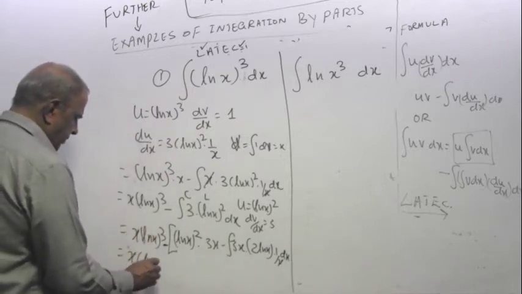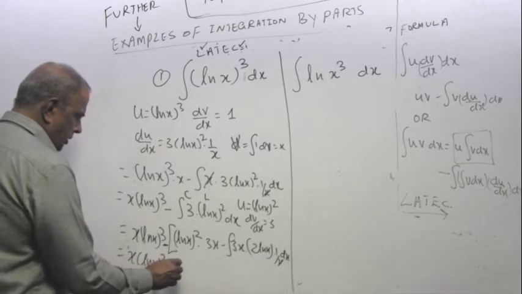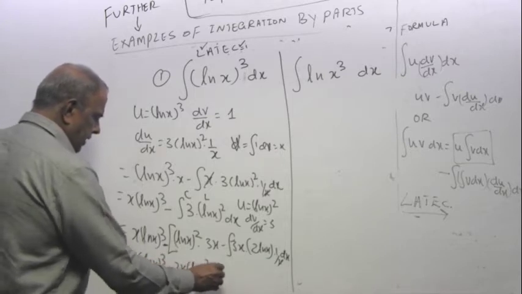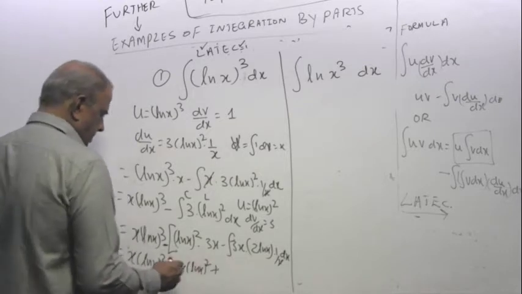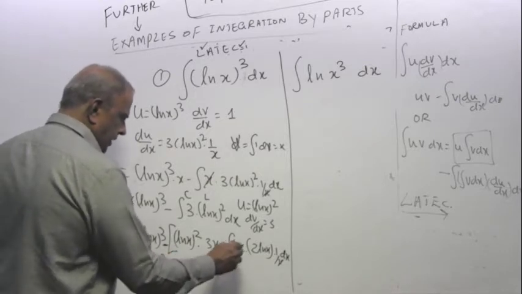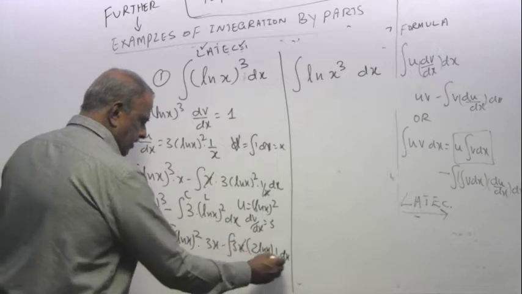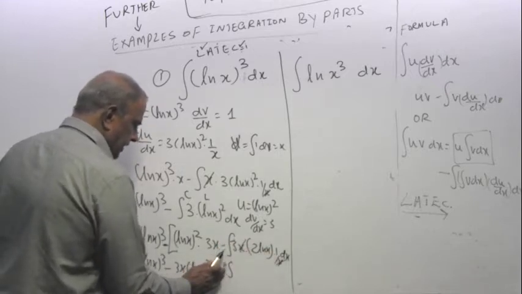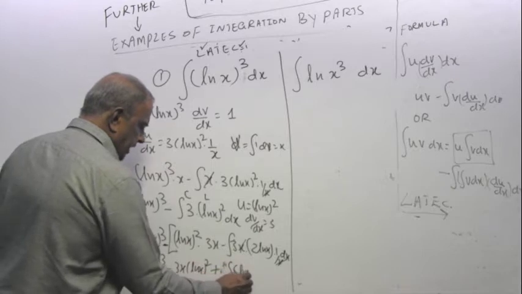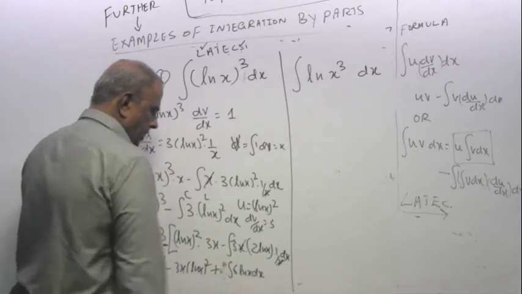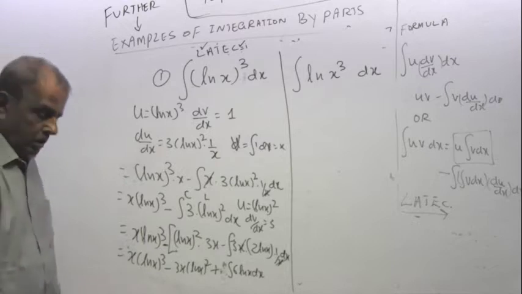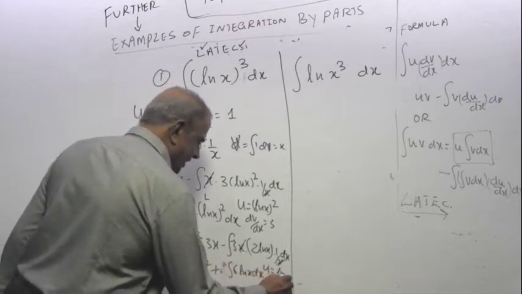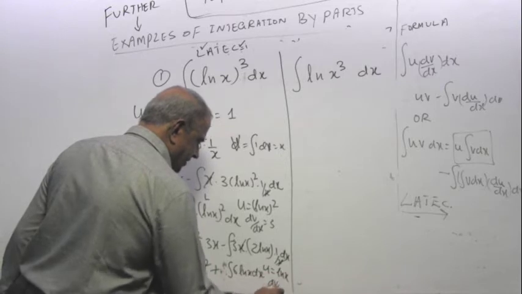So x times ln x the whole cube minus 3x times ln x the whole squared plus, look, the x and x will cancel, plus integral 6 ln x dx. So again, u equals ln x, dv by dx equals 6.